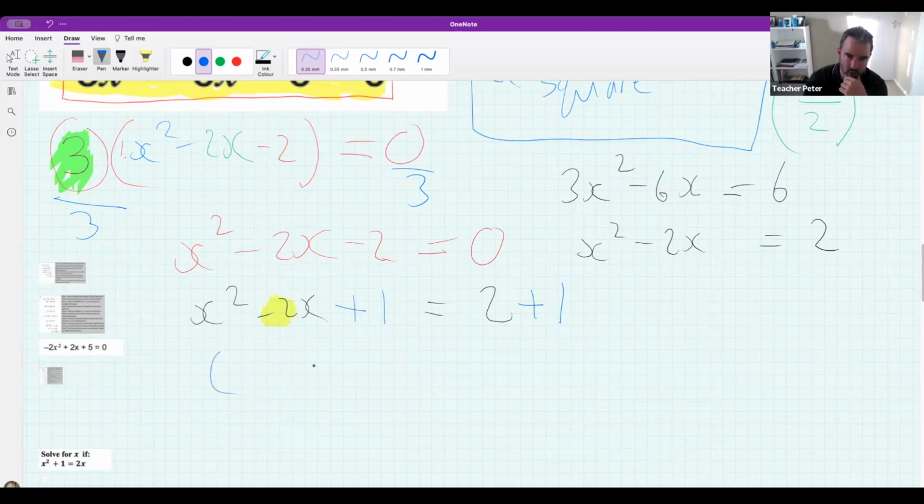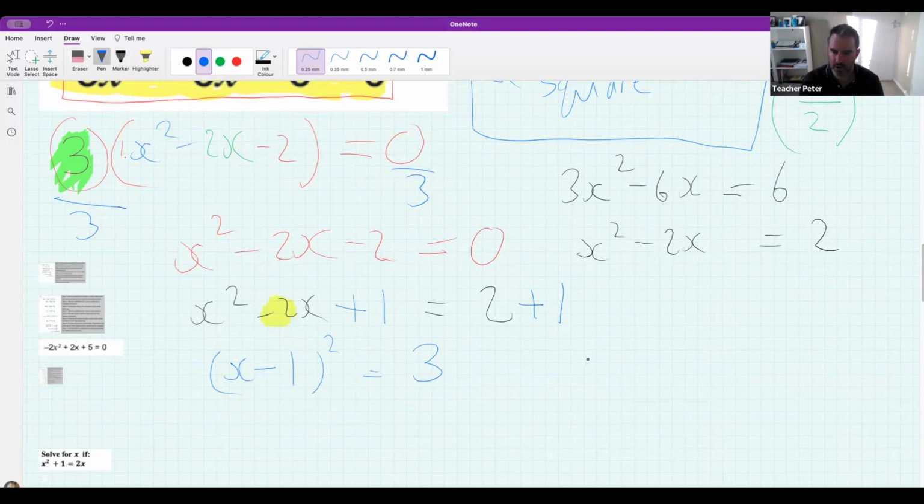Then I know I'm going to get a perfect square here, and I know that that is going to be 3. What is going to be inside that perfect square? So I think it's going to be x minus 1.